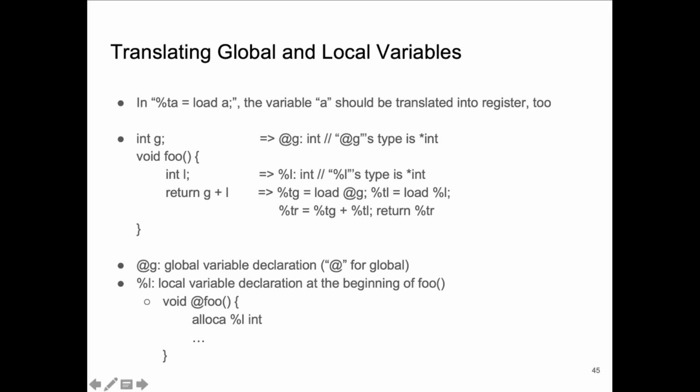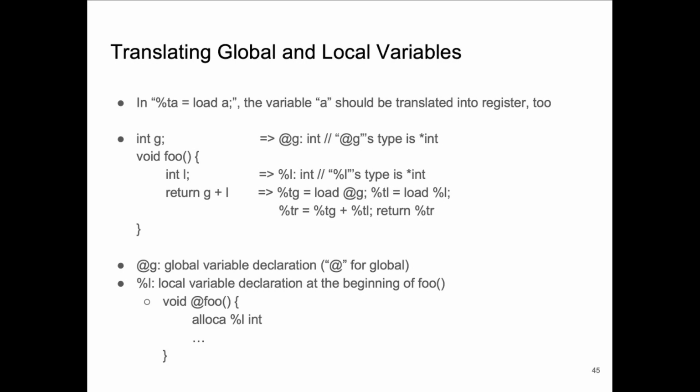On the other hand, the other class of variables are registers, which begin with this %. For example, this %L: int means that you're going to declare a local variable of type integer, and this %L is going to store a pointer to the local variable and local allocation.